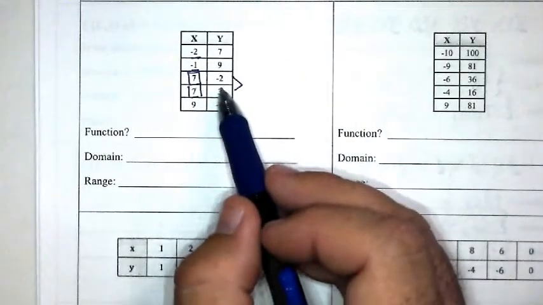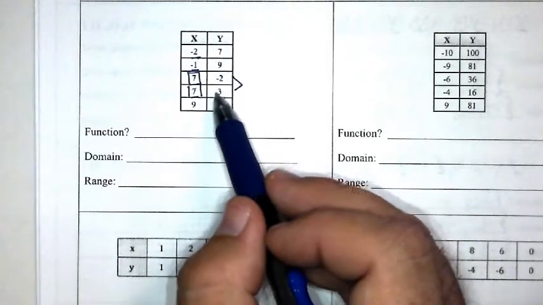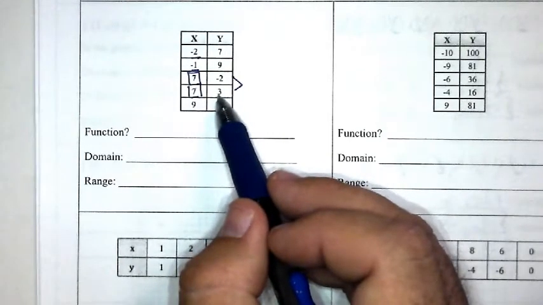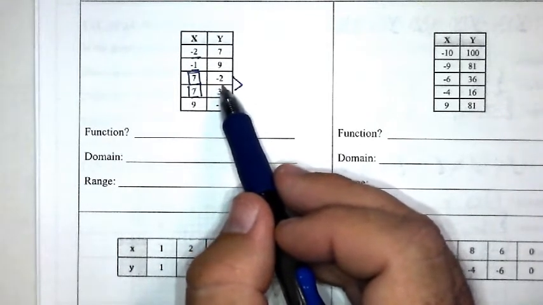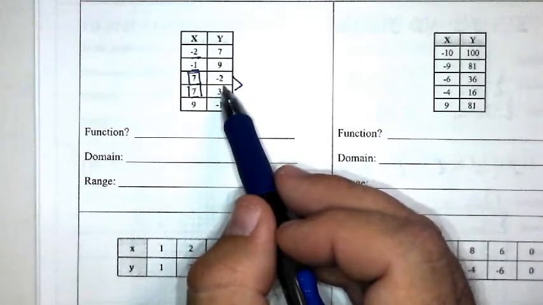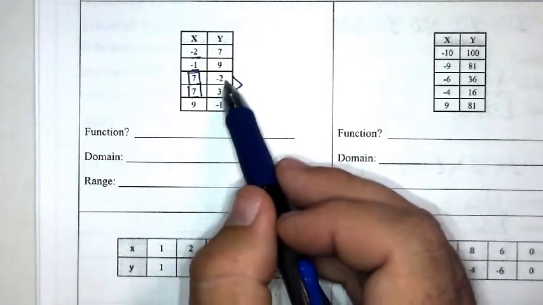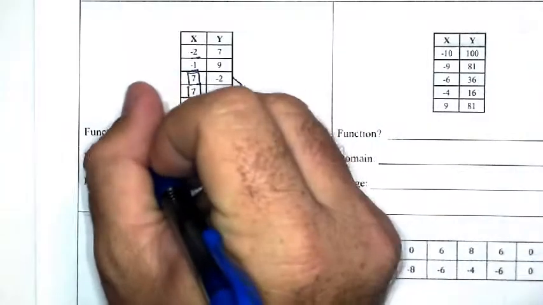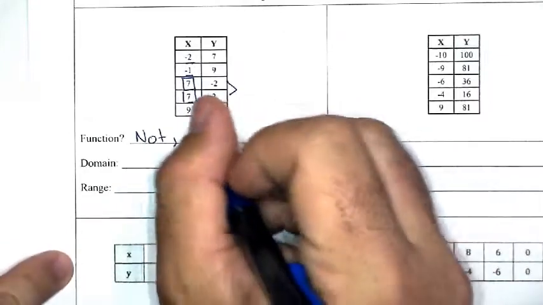Now, there's a reason why I'm asking this. If I have a repeated x value, double check your y value. If the y value is the same, it's like the person who made the table just made a mistake and rewrote the same ordered pair twice. However, these are two different y values, so this does not represent a function. And where does it not represent a function?